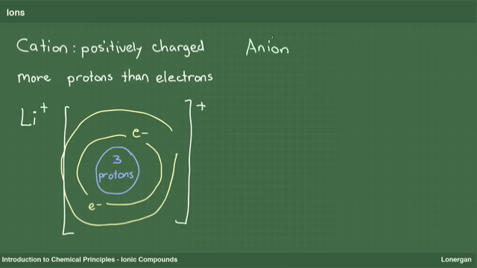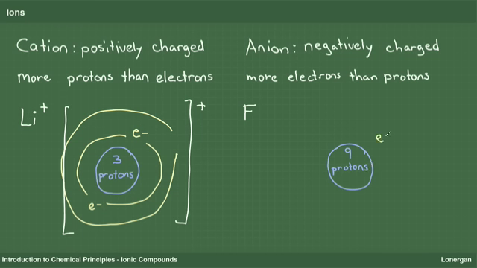A negatively charged ion is called an anion. An anion has more electrons than protons. For instance, consider the fluorine atom, which has 9 protons in its nucleus, balanced by 9 electrons in orbitals.